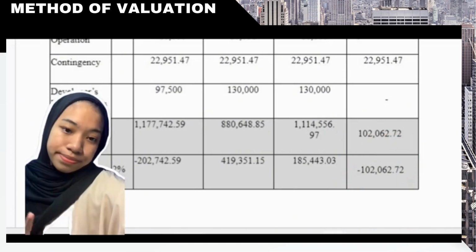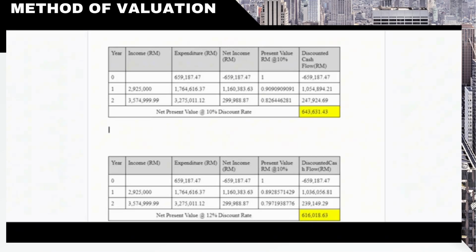Now for discounted cash flow, for the first year we got 1,054,864.21. For year 2, we got 247,924.69, and the net present value for the 10% discount rate is 643,631.43.